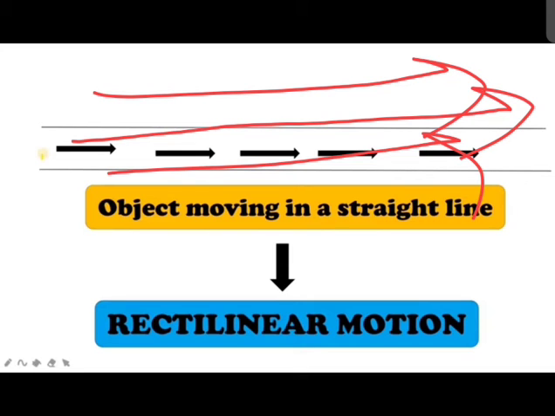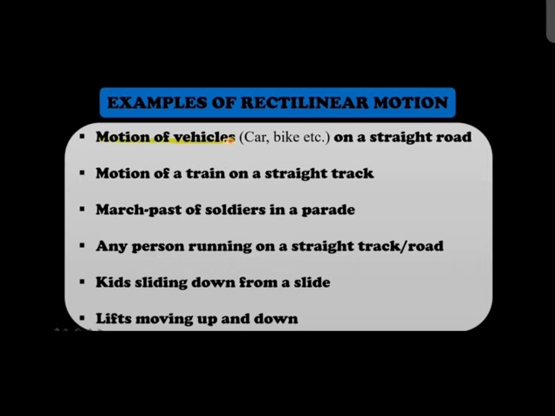So here we have the examples of rectilinear motion. First one is motion of vehicles like car, bike, etc. on a straight road. Next is a motion of a train on a straight track. March past of soldiers in a parade. They always move in a straight line. The train also moves on a straight track in a straight line.